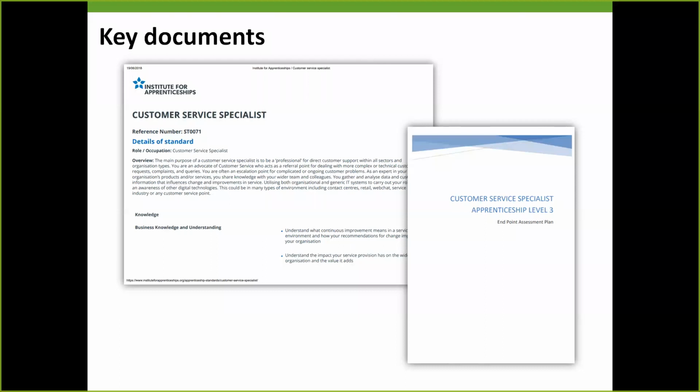It indicates who will carry this out, and the competency and the grading of that, and also proposes internal and external quality assurance arrangements. So it's really important to see, even though you do have customer service practitioner and customer service specialist, maybe not to assume that because they've been developed by the same group they're identical and the requirements are identical, because there are little subtle differences between the two.